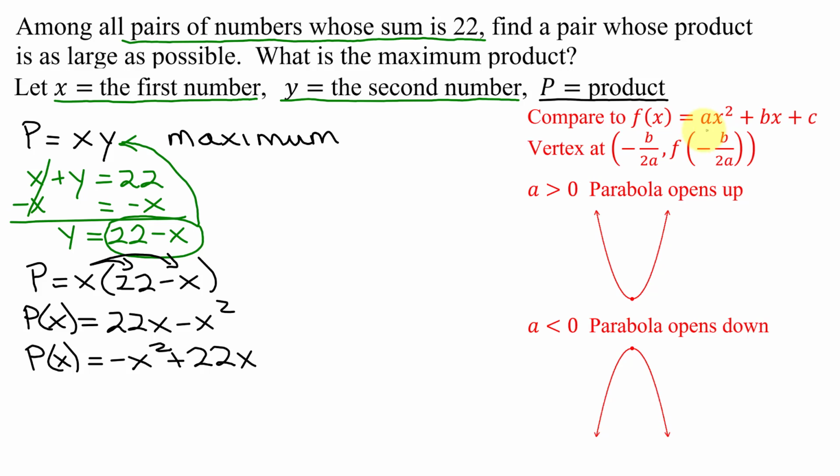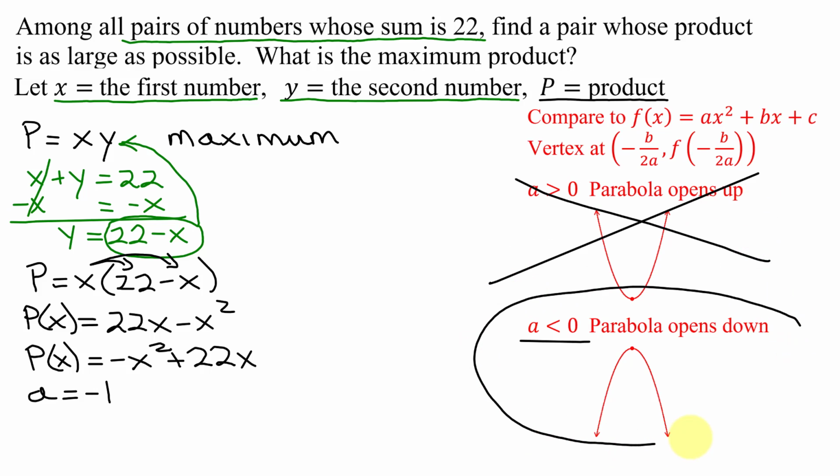So in our case, a is the coefficient of the x squared term. So a is negative 1, so it's less than 0. So I know my parabola is going to open down, and therefore the y value of the vertex will give me a maximum value.